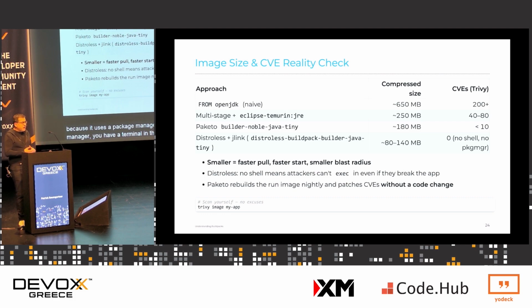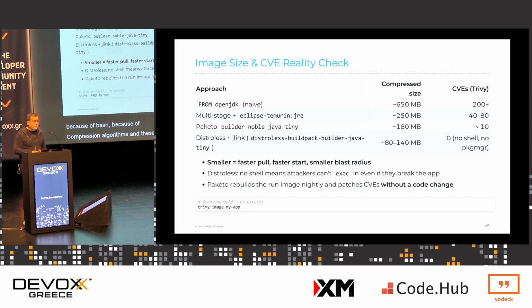You could use something from Paketo, which is even smaller. It's the Noble Java Tiny image. That means only the dependencies to run Java are inside this base image, right? And that slims things down even more, but we still have around 10-ish CVEs all the time because of bash, compression algorithms and these kinds of things.